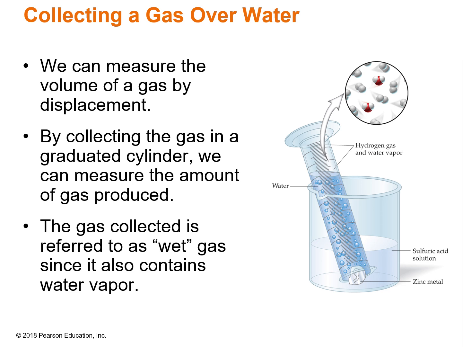You're going to have a mixture of hydrogen gas and water vapor because each liquid has a vapor pressure. You're going to have some amount of vapor from the water in the sulfuric acid solution that is commingled with your hydrogen gas. When you collect gas like this, it's called wet gas, since it has water vapor in it.